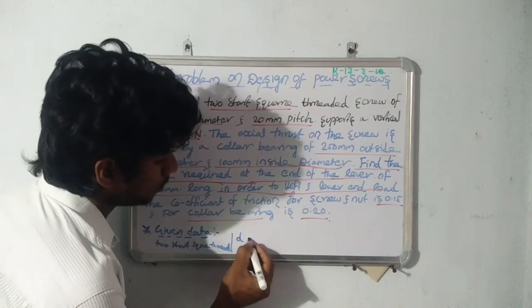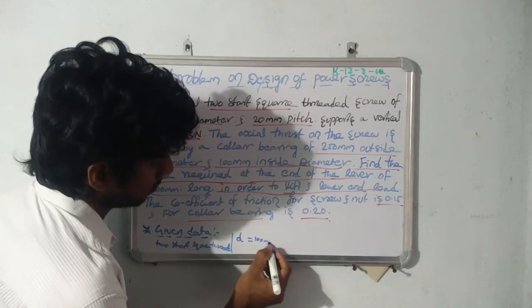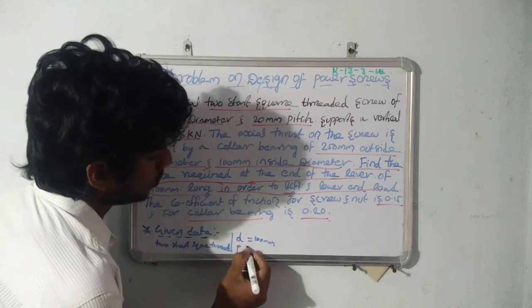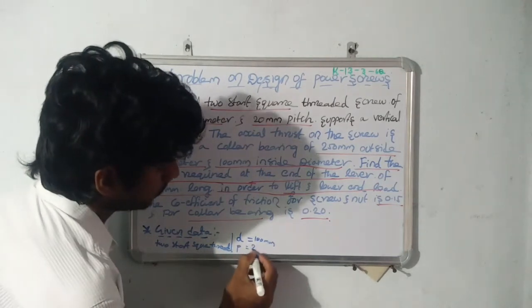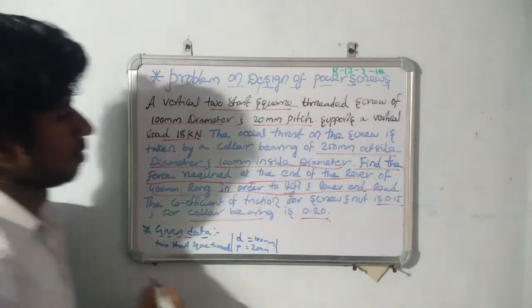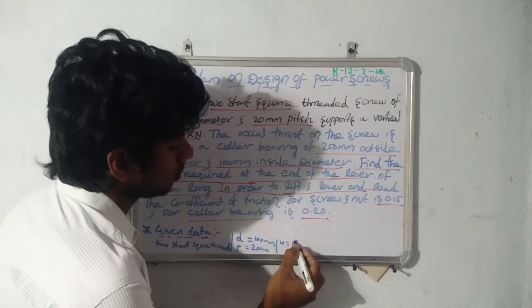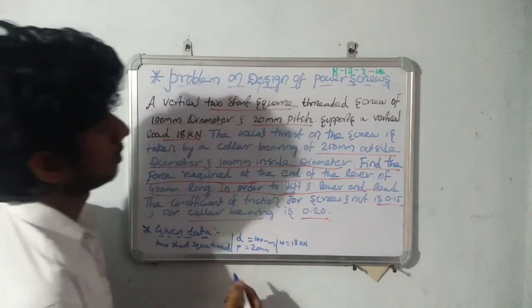It is denoted by small d, equal to 100 mm, and pitch is provided, that is 20 mm. And the load acting on the screw is equal to 18 kilonewtons.